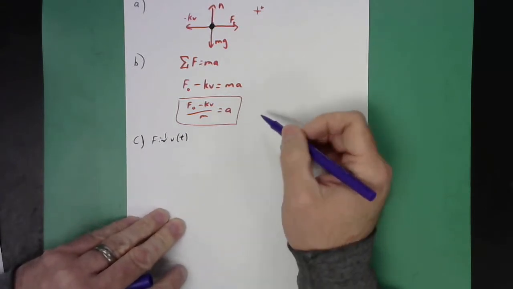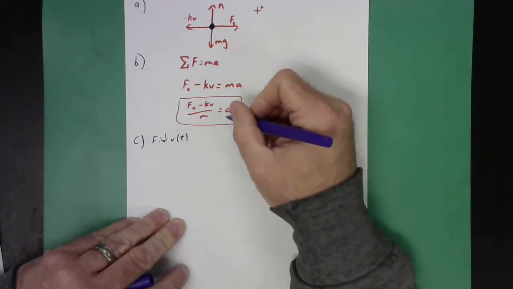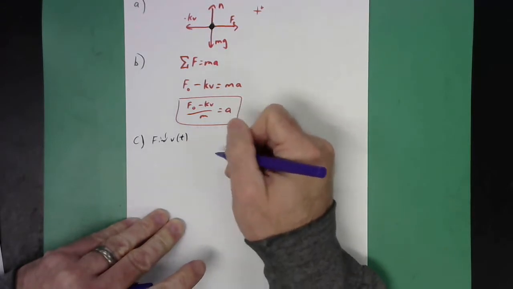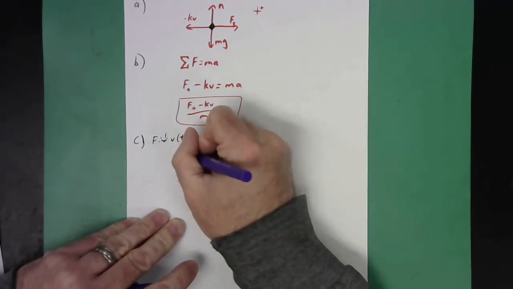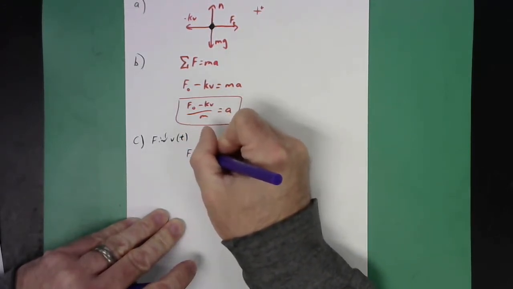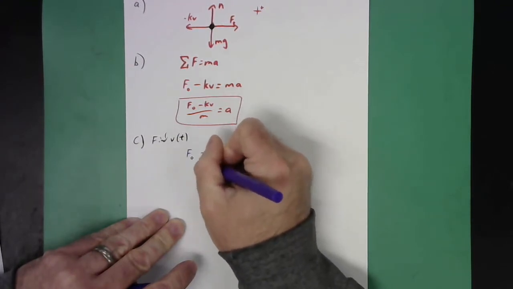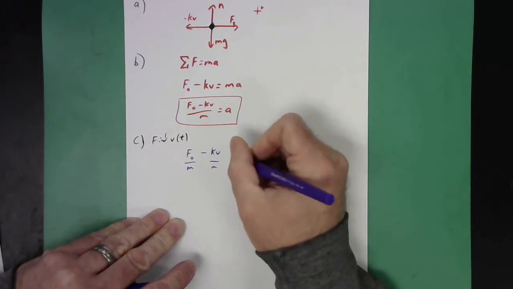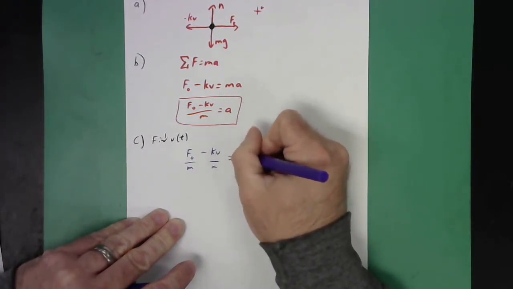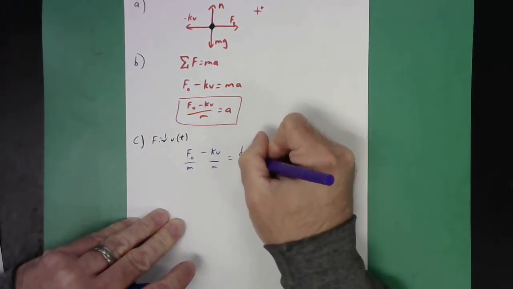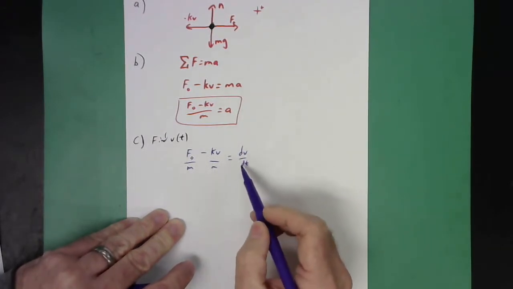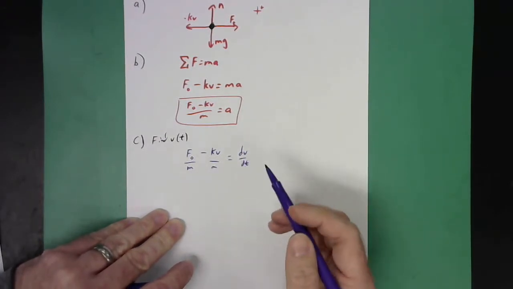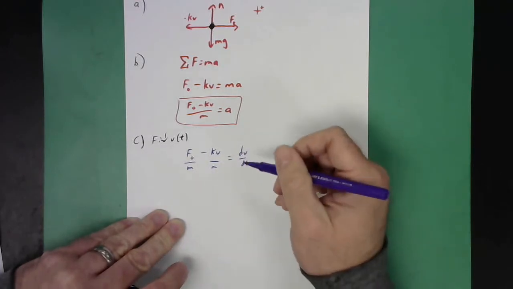So the trick is I'm going to swap out the acceleration for dv dt. So I've got F0 minus kv. I'm going to go ahead and split that m up for my own secret purposes. Where it says a, I'm substituting in dv dt. Now I'm going to have an equation that has v and time in it, which is what I want.